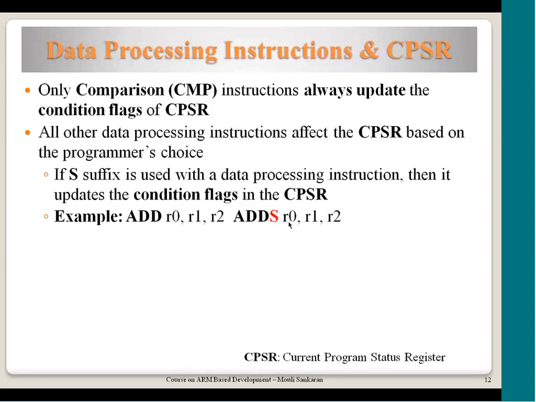There is no overflow and no carry here, so except for the zero flag, all the flags will be clear. That will be the state after the execution of this instruction. So I hope you understand that when you mention an S after the instruction opcode, in this case add, that means this instruction is allowed to change the values of CPSR.